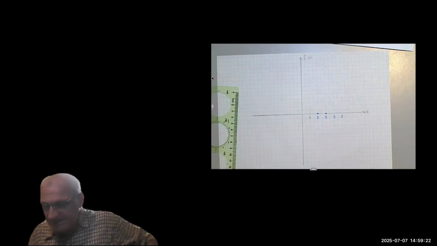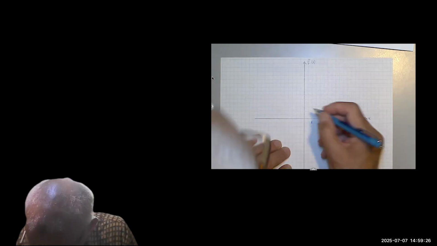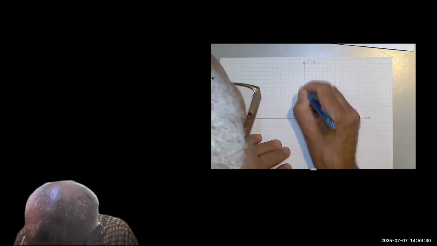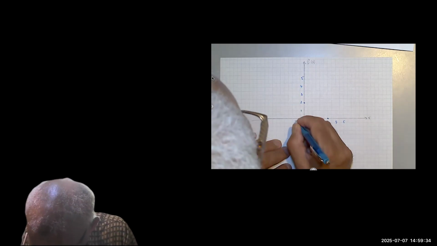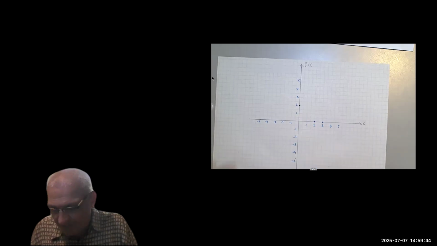I have an x-intercept here and an x-intercept there. I have the y-intercept here. We don't know how far we need to go, so we'll see. So these are the 3 points that we know.